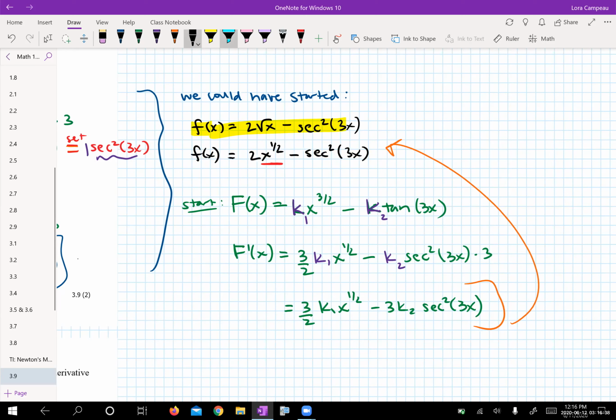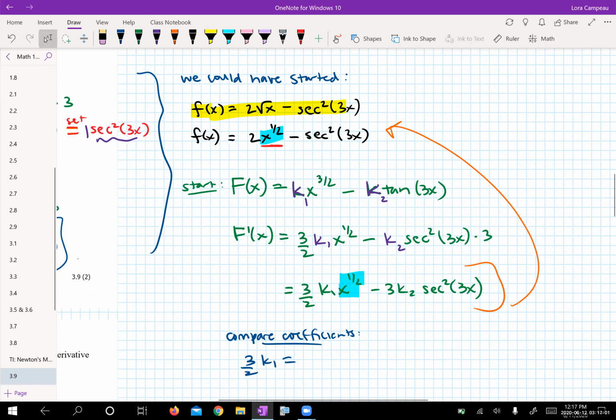If we look at our 2 terms, the term that had x to the 1/2 power, we then compare the coefficients. So we should have 3/2 k1 is going to equal 2. And then look at the other one.